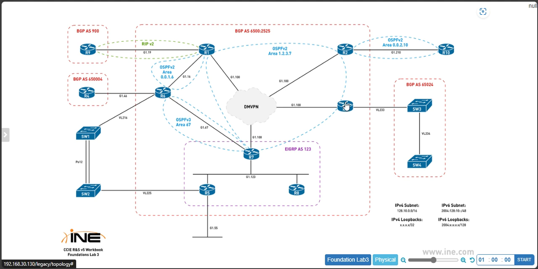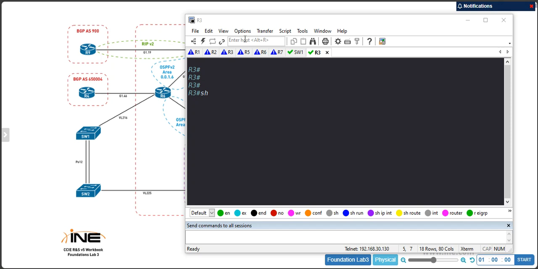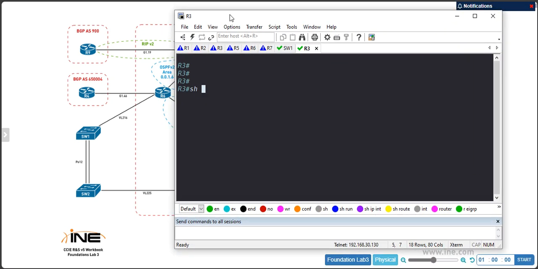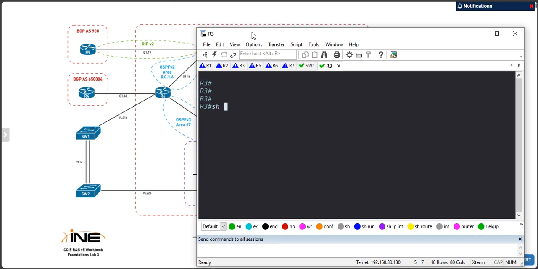R2 is our hub, and the others are spokes. We have auto configuration. Okay, R2 is our DMVPN hub. Show dmvpn.